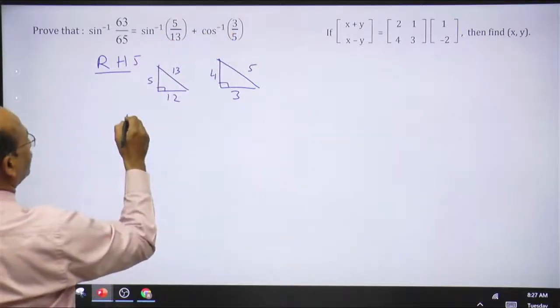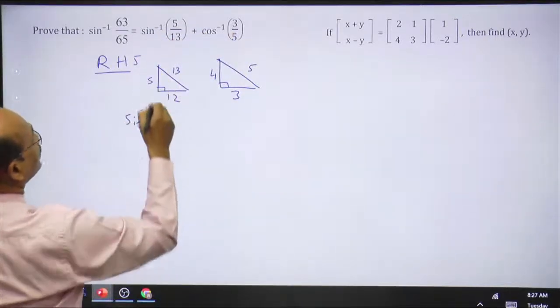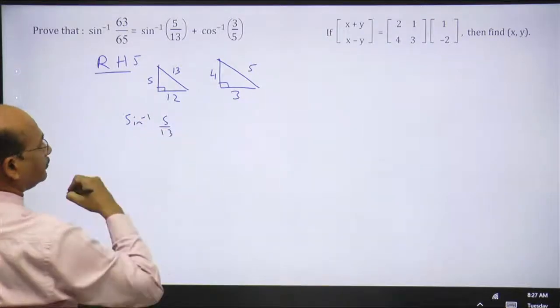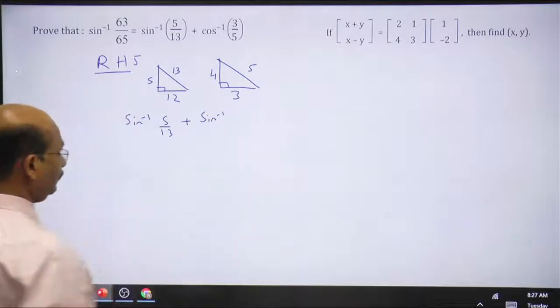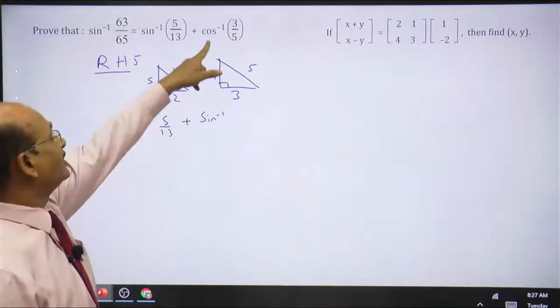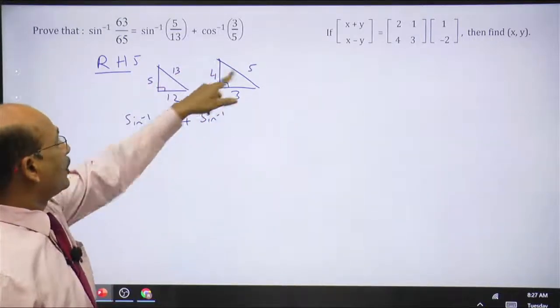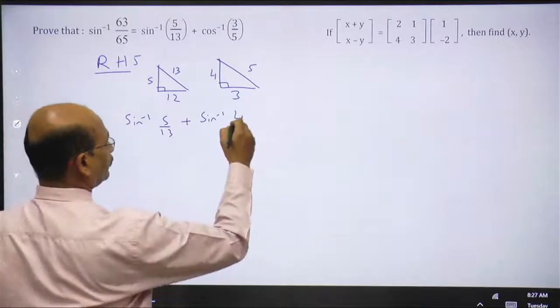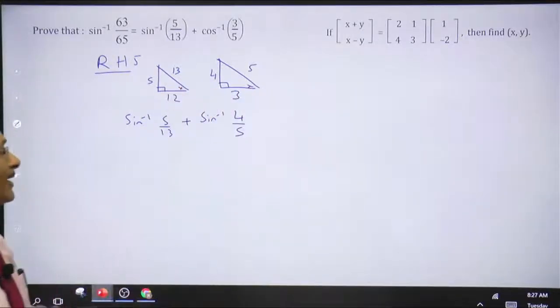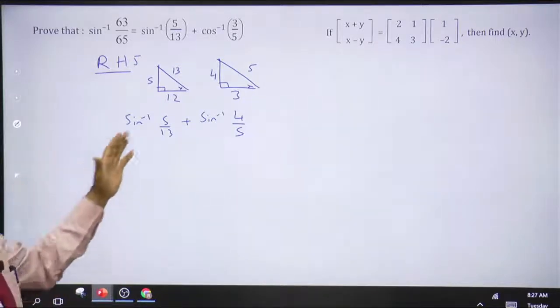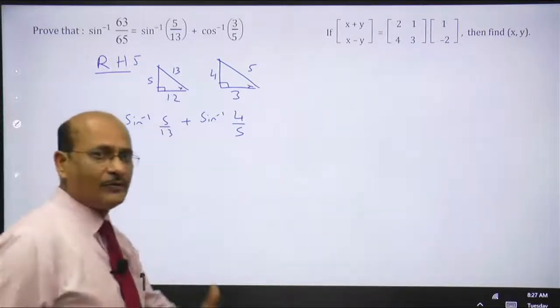So what I will do is sine inverse 5 by 13, please understand, plus sine inverse 4 upon 5. This is the angle which I am considering. Please pay attention now. Once you finish with this, for sine inverse x plus sine inverse y, you can use the formula.